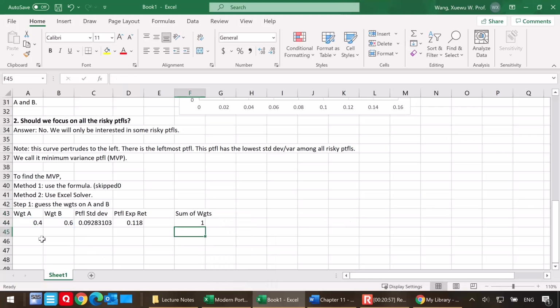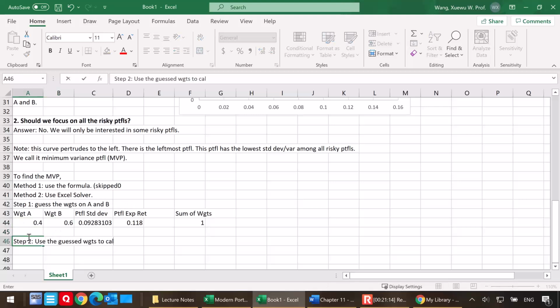So that is step 1, I take 2 guesses, and step 2, I finished already, but let me just finish the note, all right? Step 2, use the guessed weights to calculate portfolio standard deviation, and we did that already. We just copied the formula from the previous portfolio opportunity set calculation.